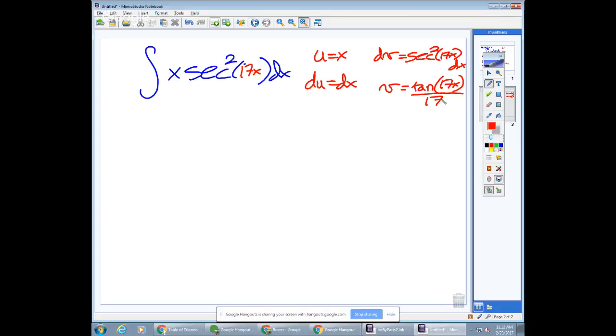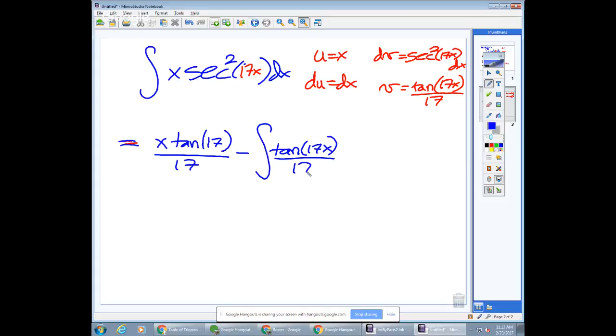So rewriting that part, this blue integral, is equal to uv, so x tangent of 17x over 17 minus the integral of v du. So that's going to be just tangent of 17x over 17 with respect to x.